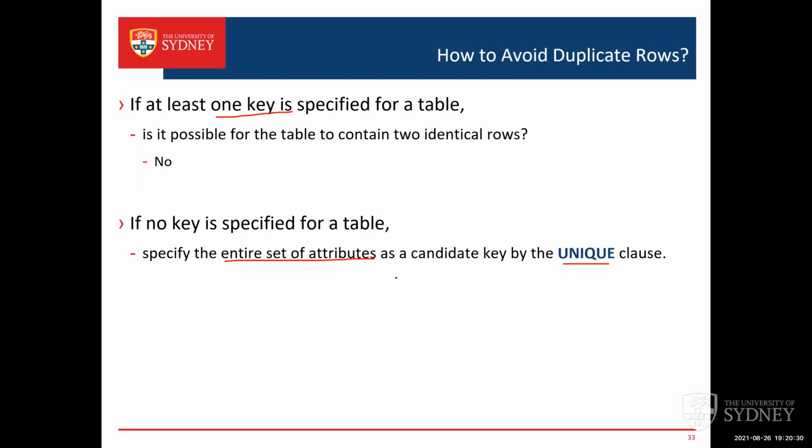For every attribute that we have, we take the whole set and say that the whole set will be unique, so that there are no duplicate rows in the table. Hopefully making sense. The main thing is that we have to declare at least one key, and that key will be the primary key. So for every table, there will be a primary key so that there are no duplicate rows.